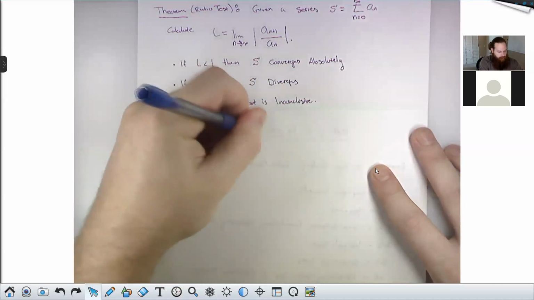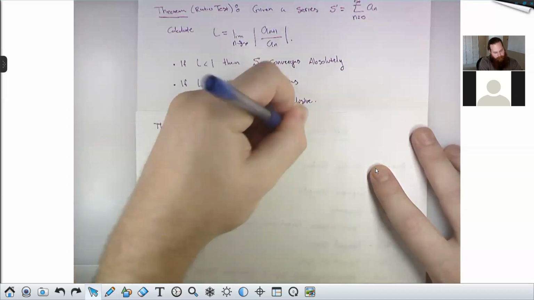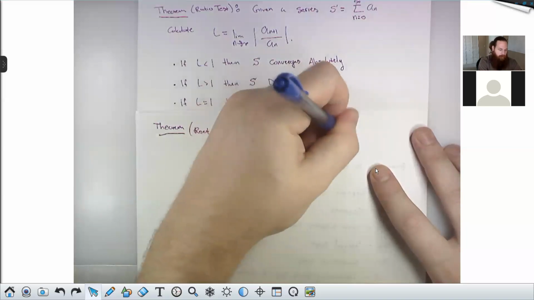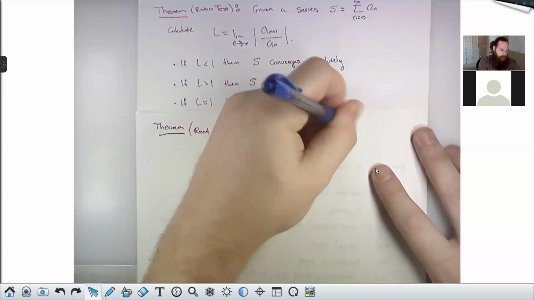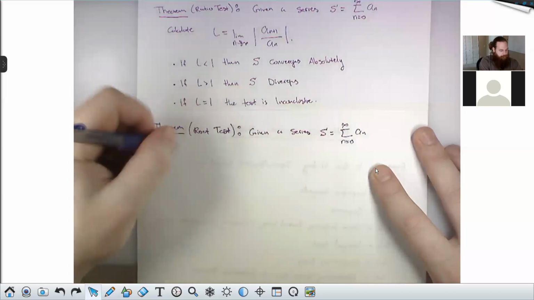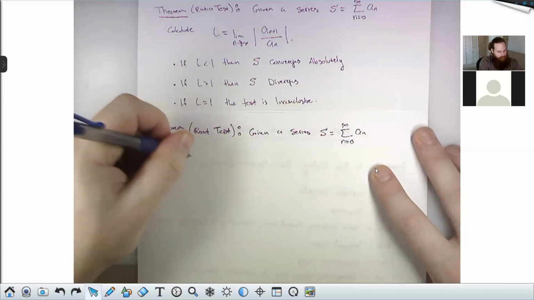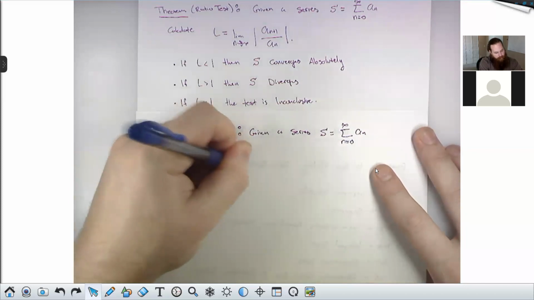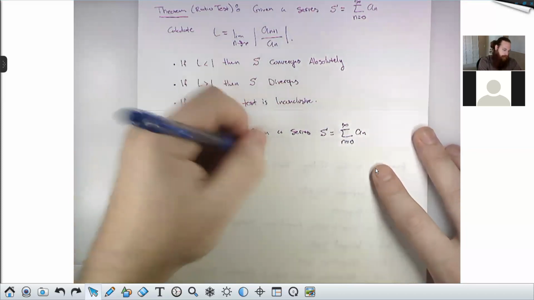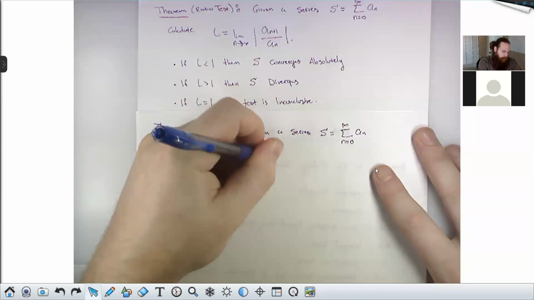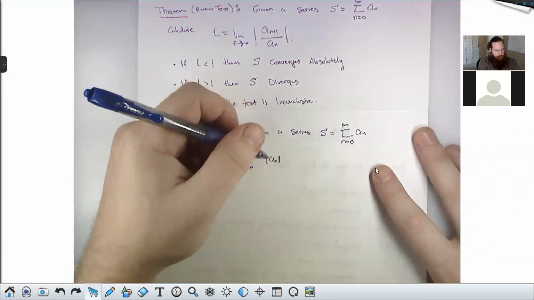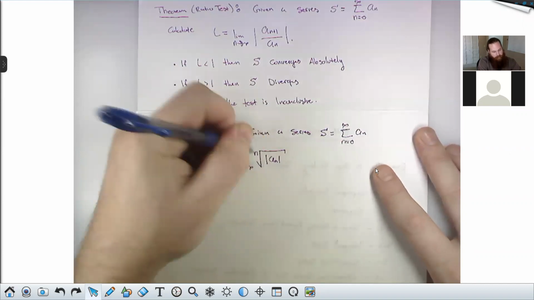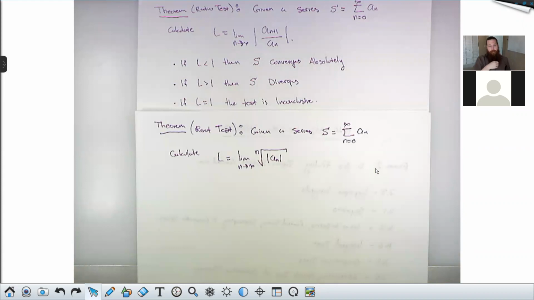So given a series S equals sigma n from wherever to infinity a_n, calculate capital L as the limit n to infinity. What you do is you take the absolute value of a_n and then take the nth root of that and send n to infinity.